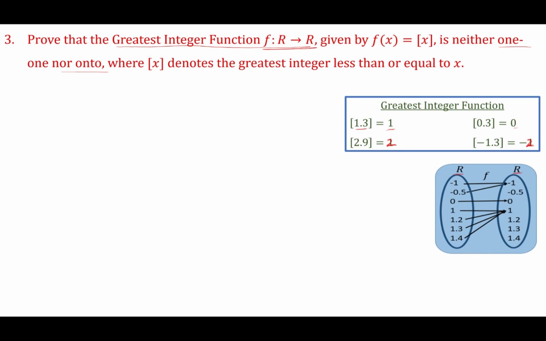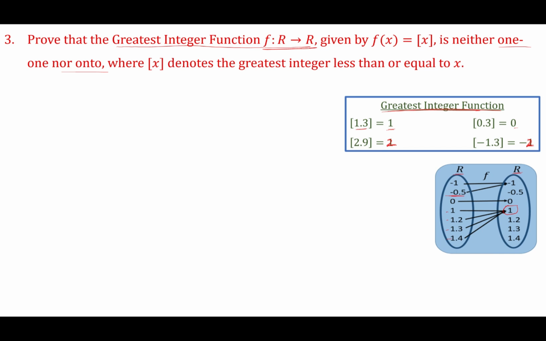If I put -1, the greatest integer function will be -1, whereas -0.5 is nothing but -1 because of round down to the nearest integer, which is -1. Like this, if I take 1, 1.2, 1.3, 1.4, it rounds down to the nearest integer, which is 1.